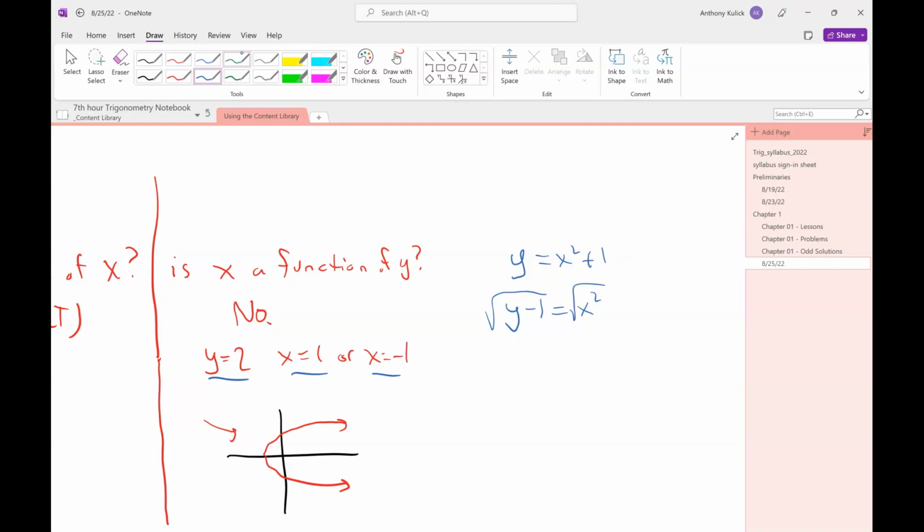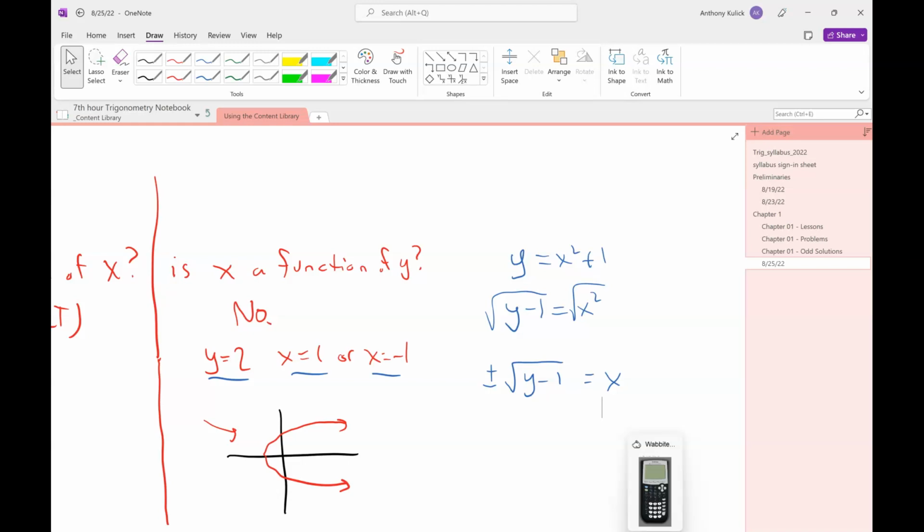When I square root both sides of an equation, what do I have to remember? Yes, there you go. Now, can I type a plus or minus into my calculator? Is there a plus or minus button on my calculator?